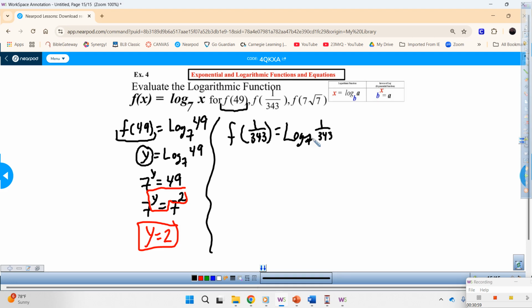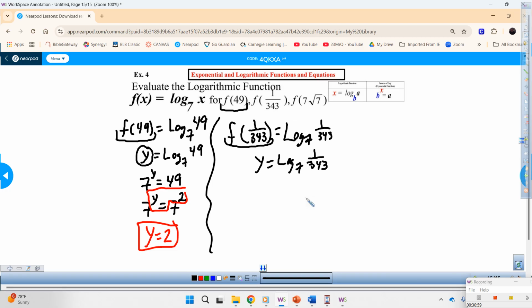All right. What is our first step after that? Mario, what do I do? Yeah, change it to y. Very good. Change this to y equals log base 7 of 1 over 343. Next, change that into an exponential.